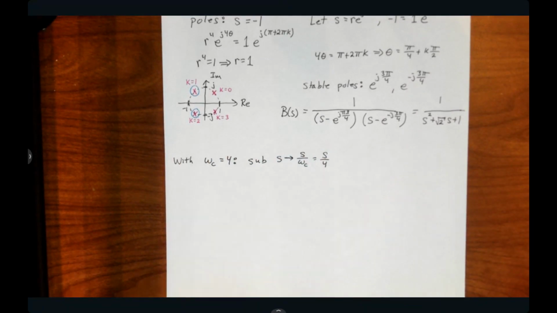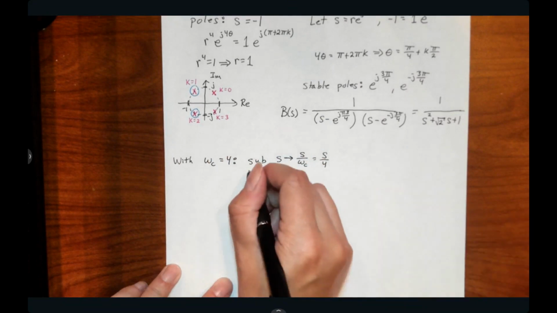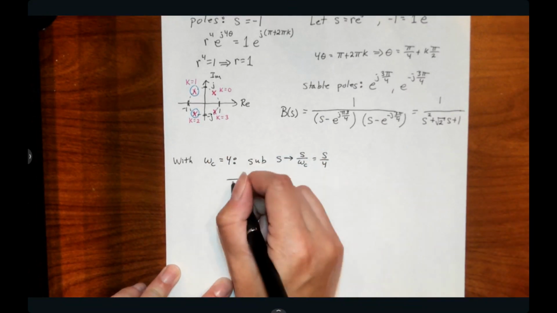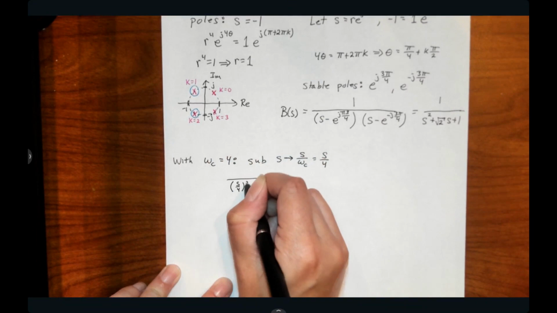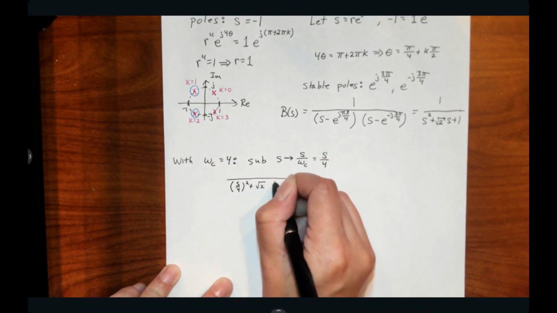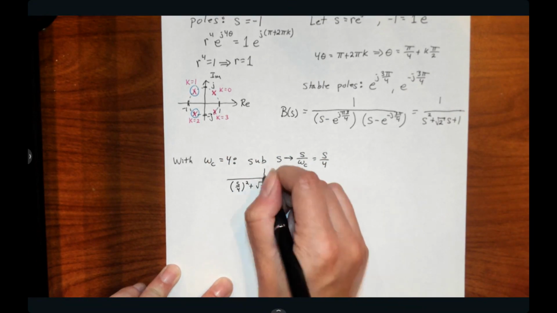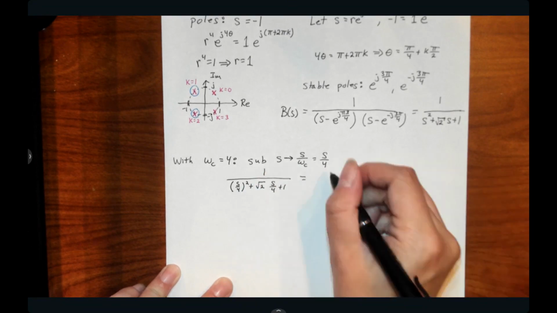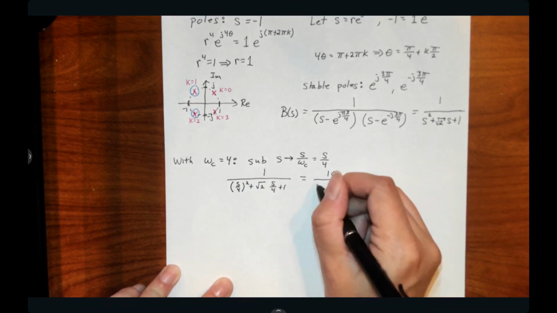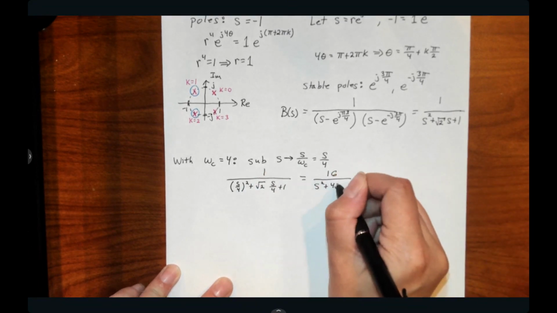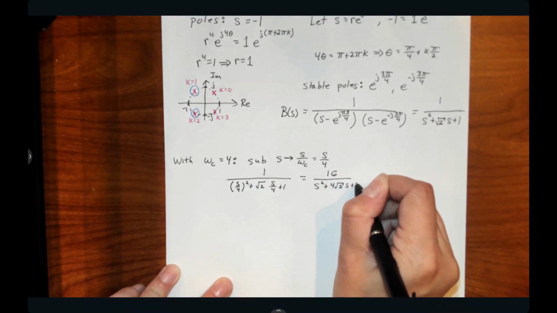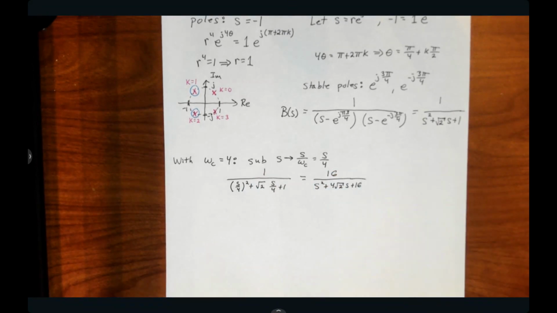So what we'd have instead is s over 4 squared, square root of 2, s over 4 plus 1. Like so. And now we have a low pass filter with a different cutoff frequency.